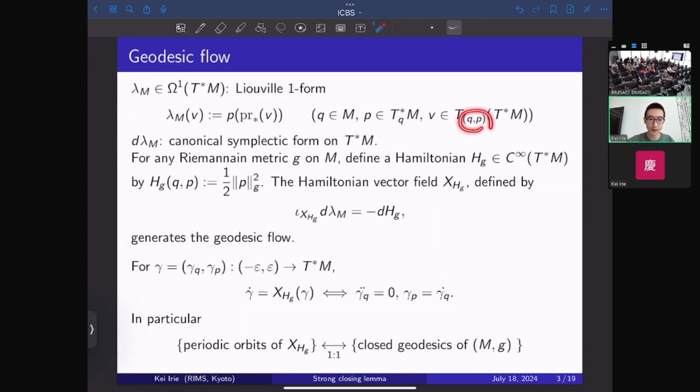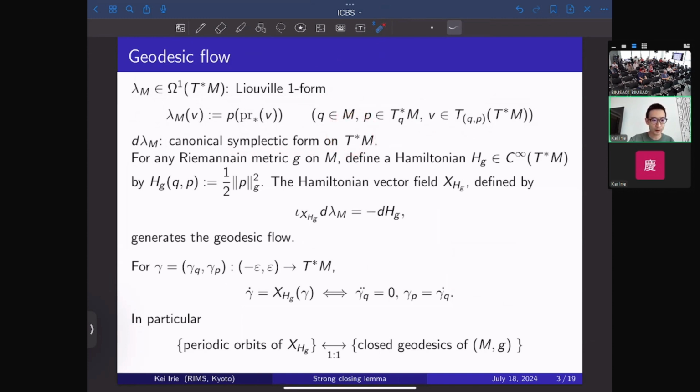So (q,p) is a point in the cotangent bundle, and v is a tangent vector at that point. And lambda_M(v) is p times the projection of v. Here, the projection is from T*M to M. So this is a one-form. And then d lambda_M is a non-degenerate closed 2-form. So this is a symplectic form on the cotangent bundle.